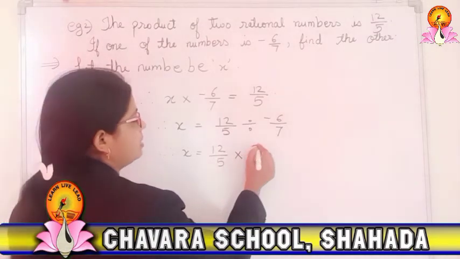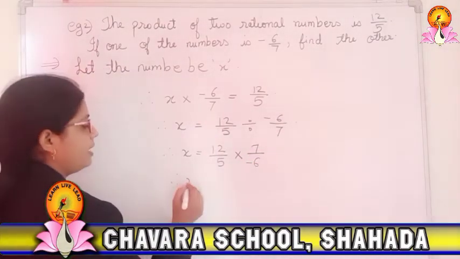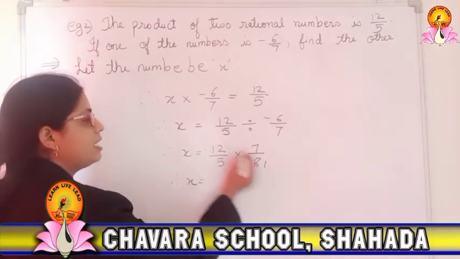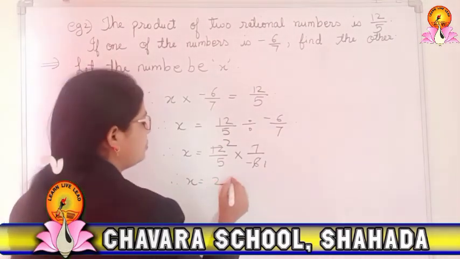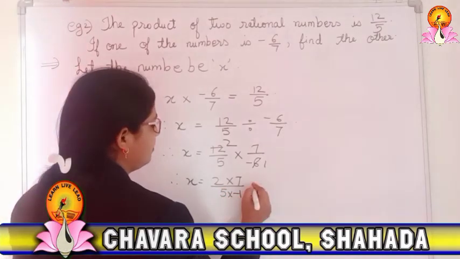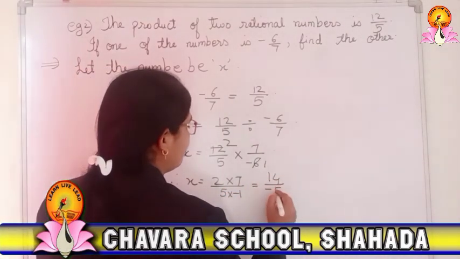So it will be 7 upon negative 6. Therefore x equals, now we can simplify: 6 ones are 6, 6 twos are 12. Now 2 into 7 upon 5 into negative 1. So it will be 14 upon negative 5.